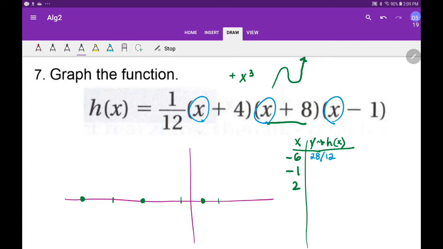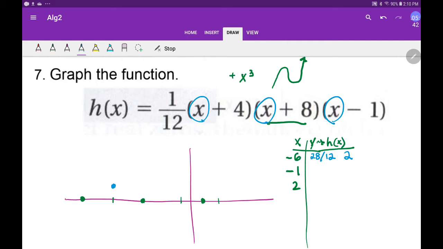Well, what is that? Where's my calculator? 28 over 12, 2 and a third. Am I going to be able to tell that accurately on my graph? Probably not. Well, we'll say it's about like that. It is positive, so that's nice to know.